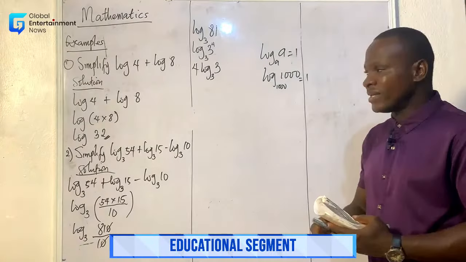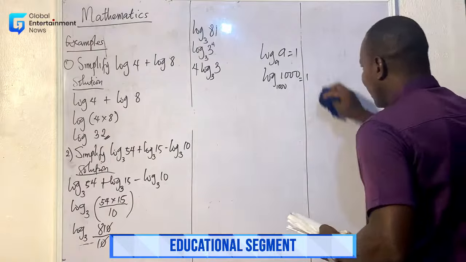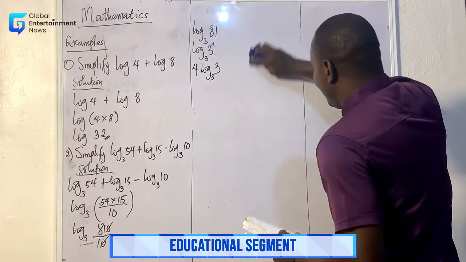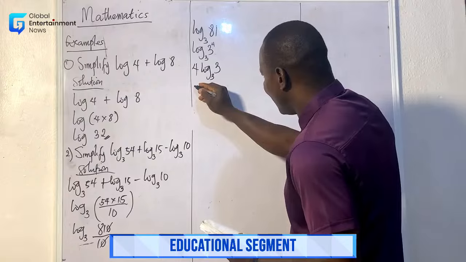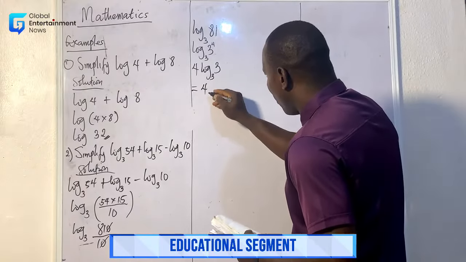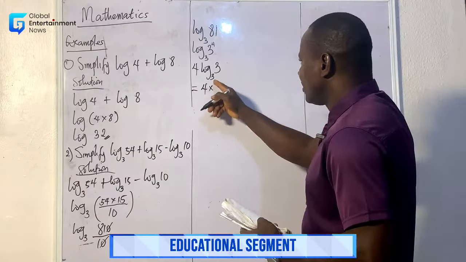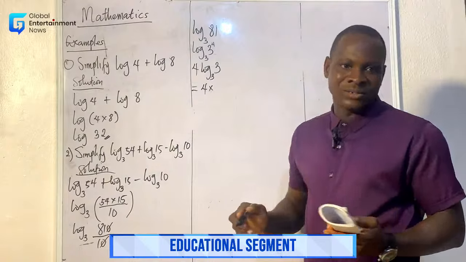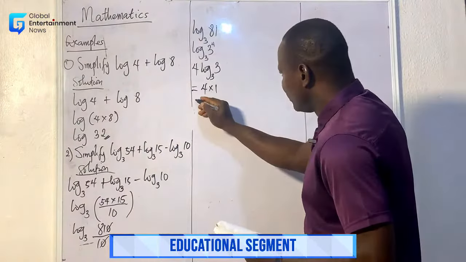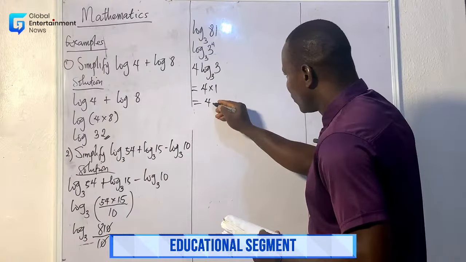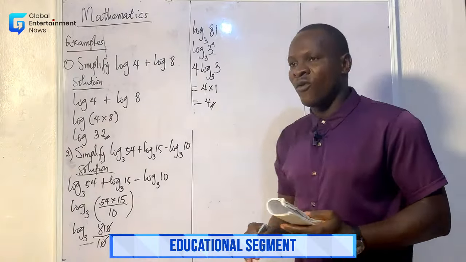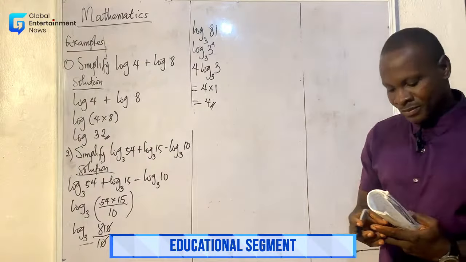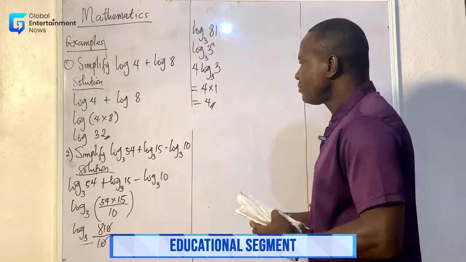And looking at this particular question now, what we have here is log 3 base 3. So my final answer will be 4 times log 3 base 3, which is what, everybody? 1. Thank you very much. That is 1, giving us 4. That means what I'm looking for is 4. That is question number 2.